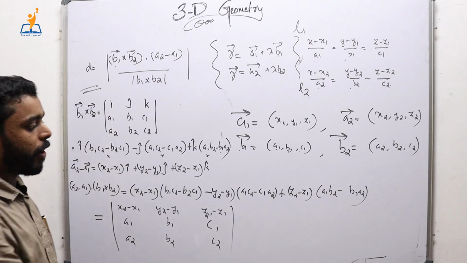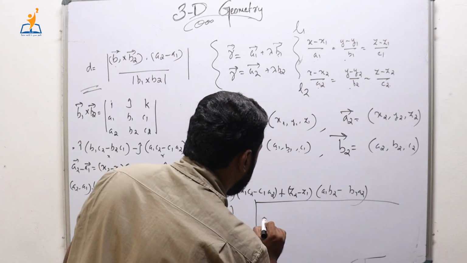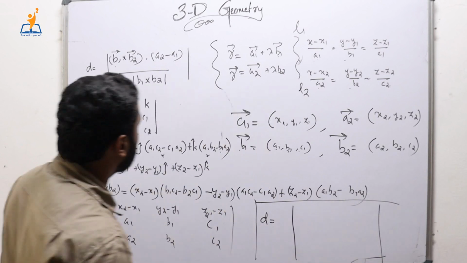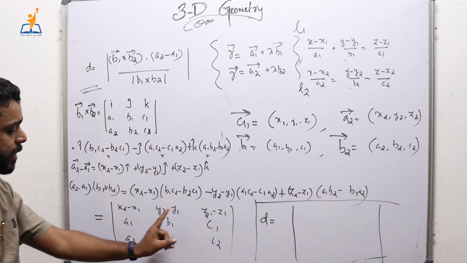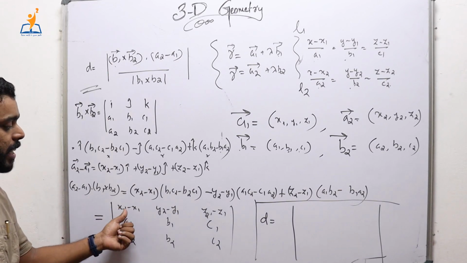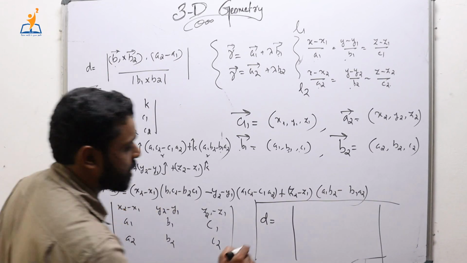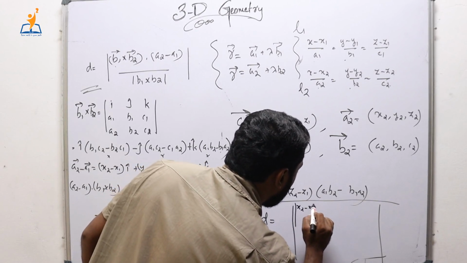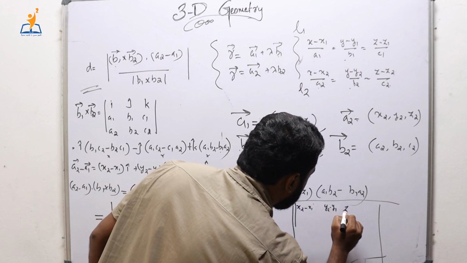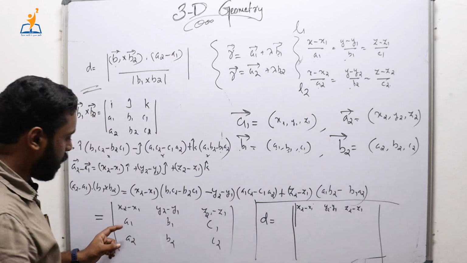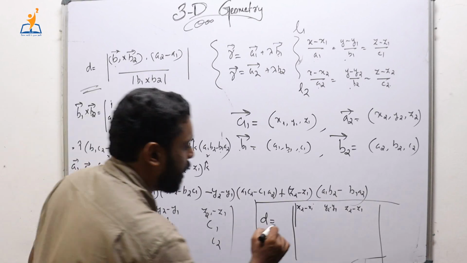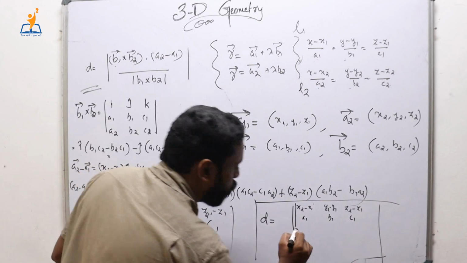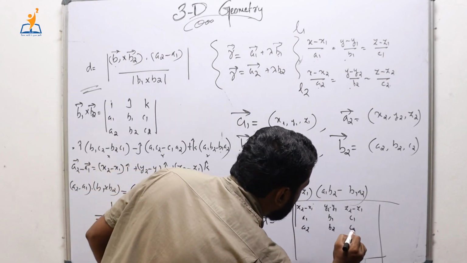So we can easily find the shortest distance d as the determinant with x2 minus x1, y2 minus y1, z2 minus z1 in the first row, a1, b1, c1 in the next row, and a2, b2, c2 in the last row.